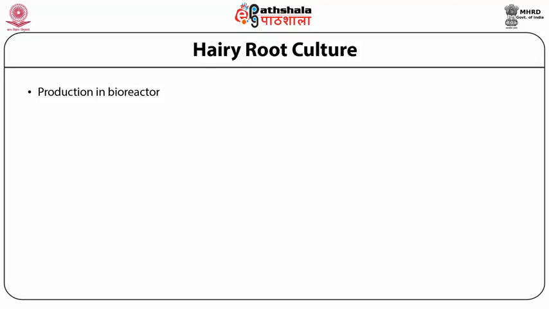So hairy root culture is another technique by which we can override the limitations of secondary metabolite production in cell suspension culture. This process can also be automated, and we can have high biomass of roots using a transformation technique, in which we infect the tissue with a bacterium called Agrobacterium rhizogenes.